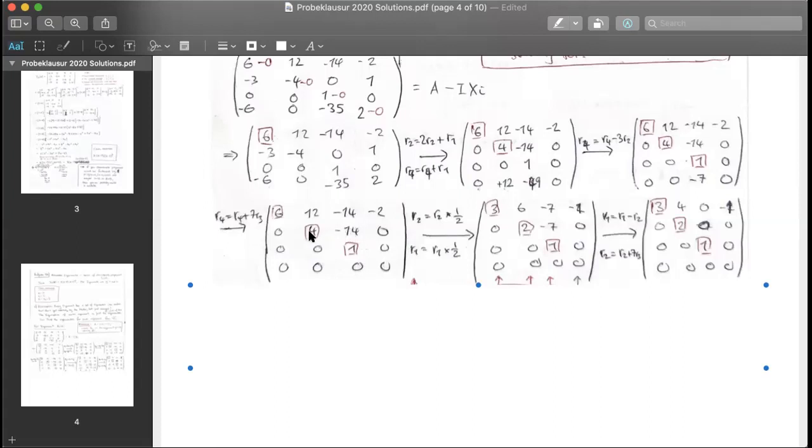Let's multiply that by 1/2 to make it smaller. So it's 2 minus 7. Then now use this 1 to clean out the -7. So then you get a 0 here. I also divided this row by 2 to get this. And then I used, again, the 1 to clean out the -7. This one, clean out this -7 as well as this -7.